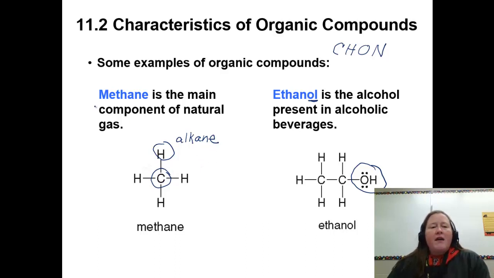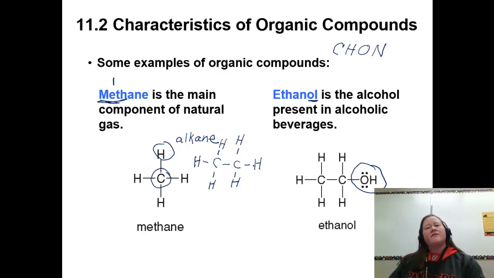So the prefix meth means one. So an alkane with one carbon is called methane. If we had an alkane with two carbons, and each of these carbons would be surrounded by hydrogens, you'll notice in this drawing I have all single bonds.